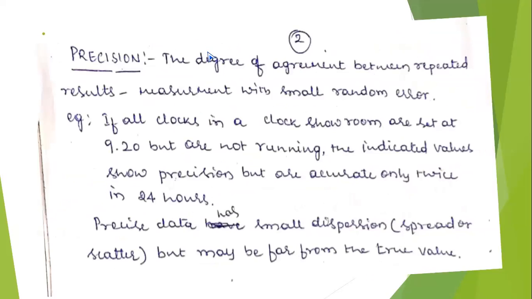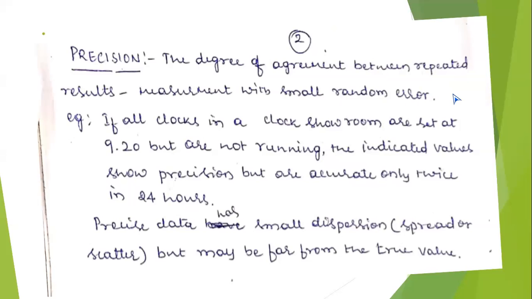Next, come to the point: precision. A good example is the clock set in the clock showroom at 9:20. The reading is 9:20, which is precise in the morning and also at night. Precise data is the measurement with little random error.